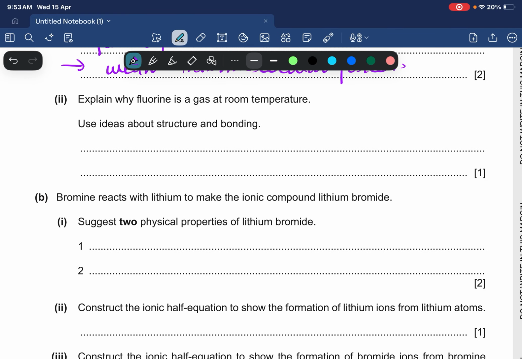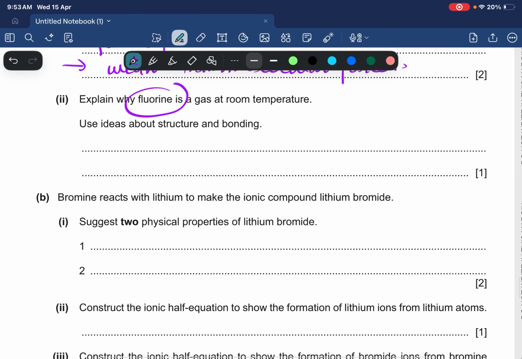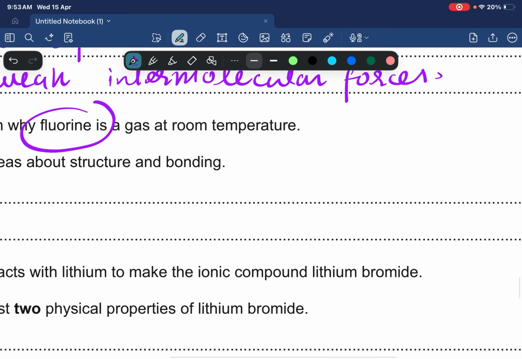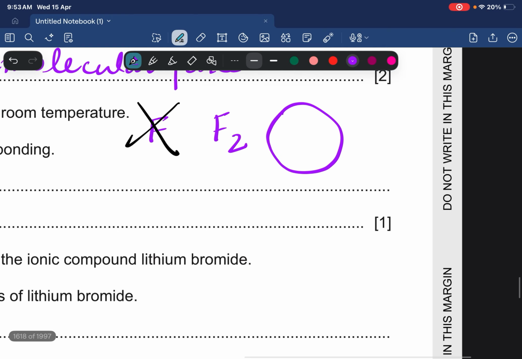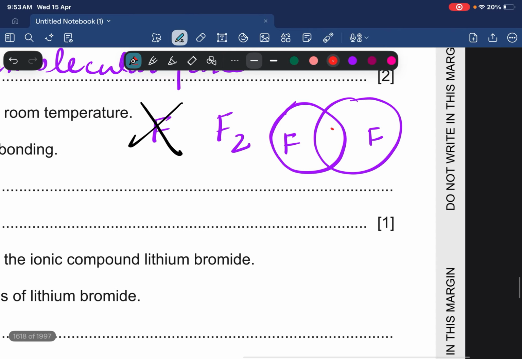Use ideas of structure and bonding. Fluorine. What's the molecular formula of fluorine? Now, you guys are going to say it's F. Incorrect. Not F. It's F2. 2 atoms of fluorine covalently bonded. Guys, see this.